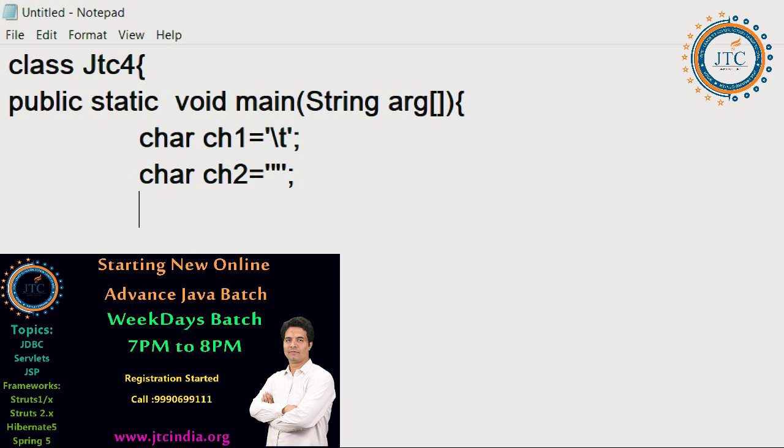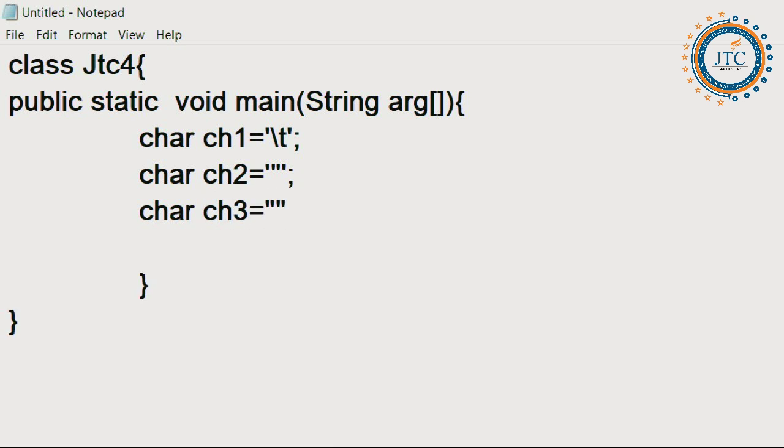Well, again in this case, the next one we are trying to implement is char ch3 is equal to, and inside the single quotes I am writing ABC. ABC I have written here.